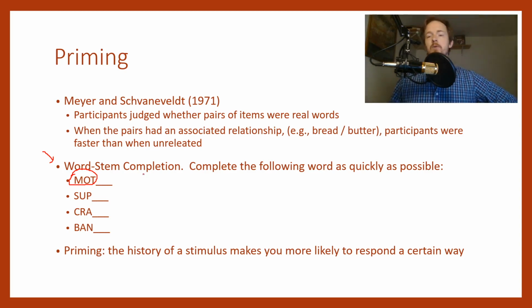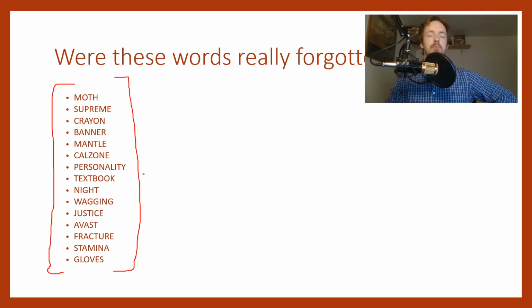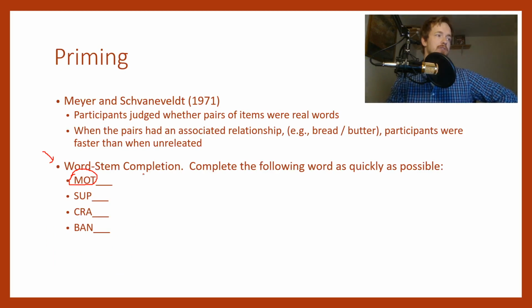And we talked about how if you saw this previous list, you are more likely to use the word moth, you're more likely to use the word supreme, you're more likely to use the word crayon, and so on, because you have previous exposure to that. If I were to just show those word stems to somebody who had never seen that list before, then we could bet that they would use different words probably. They'd use the word motel or mother for this one in particular. So you get the idea. The previous stimulus is influencing the way you're responding.